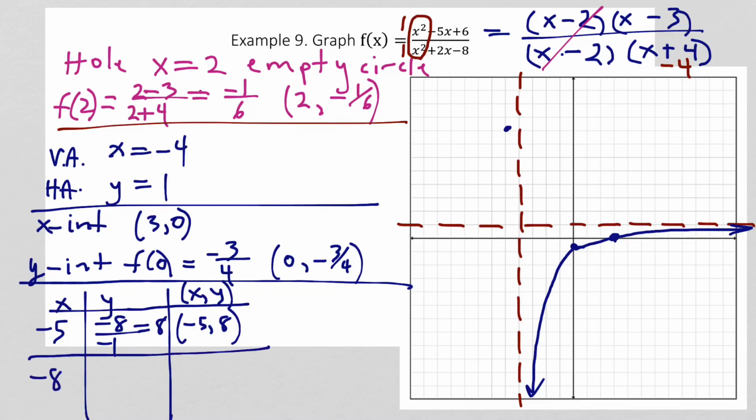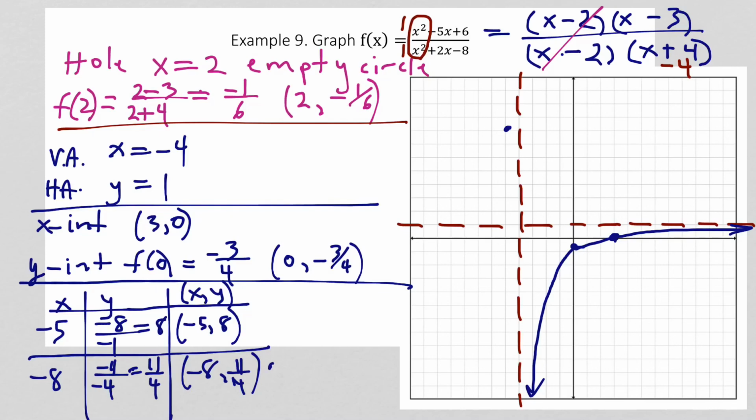One more point. So that would be negative 8 minus 3, that's negative 11. Negative 8 plus 4 is negative 4. So that's 11/4. So I've got the point negative 8, 11/4. Well, 12/4 is 3.